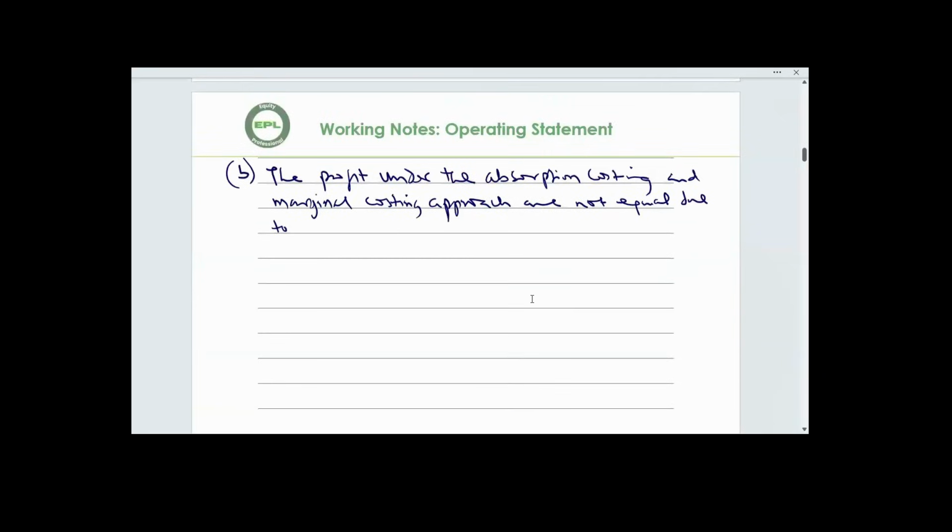So you then say the profit under the absorption costing and marginal costing approach are not equal due to the different method of valuing stock. Full stop. Absorption costing, because of time, you have to finish.